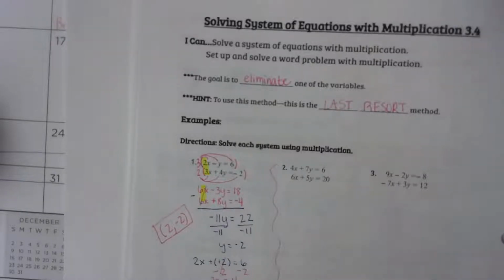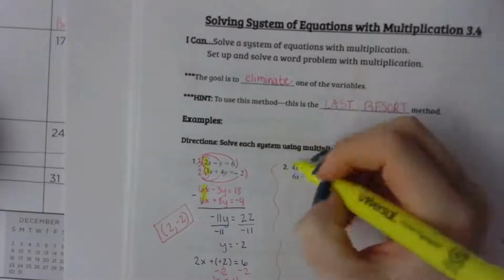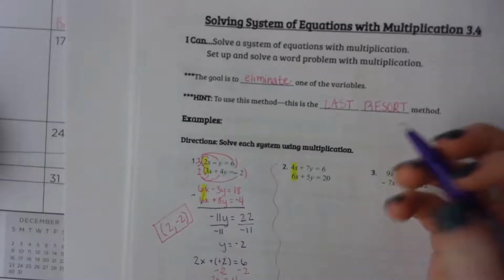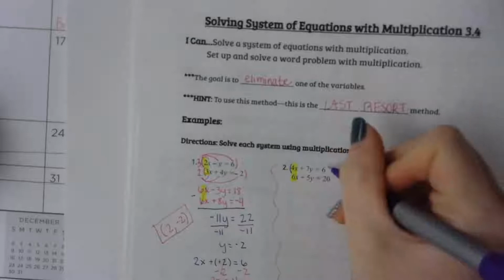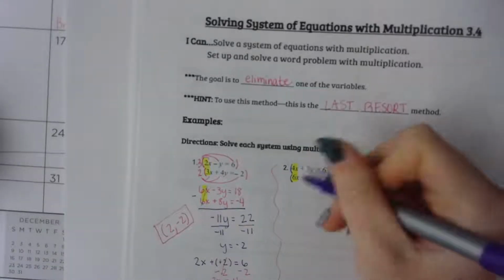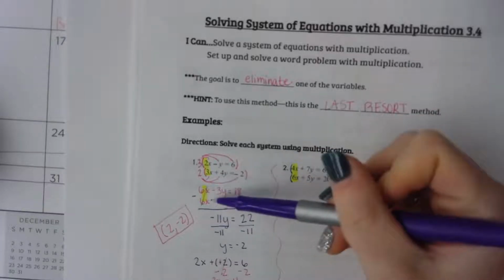Okay. So for this one, I'm going to show you a little bit different way how to do it. So we're still looking at these first leading coefficients. But in this one, what we're going to do is multiply one of them by a negative leading coefficient, because when you do that, then you'll be able to add instead of subtract.